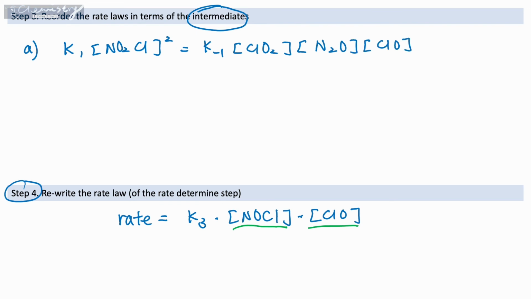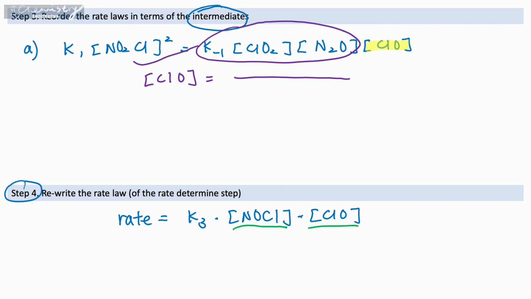So in this case, for A, let's try to express the ClO. The reason it should be ClO is because there's no NOCl in here. So ClO is going to equal everything on the left side divided by everything in the circle, if that makes sense.